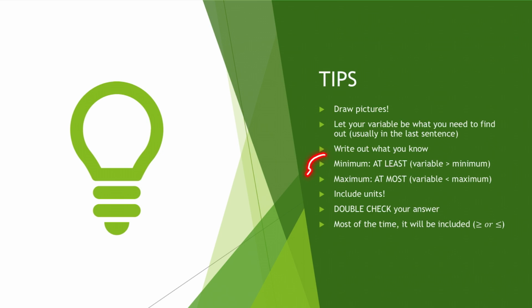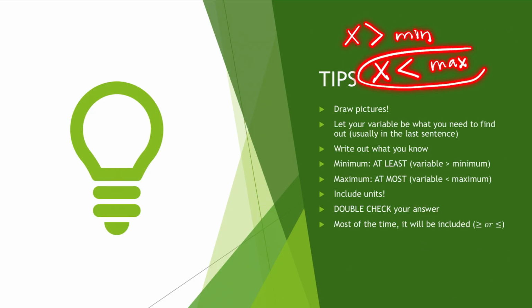These are the two biggest things, the minimum and maximum, that are really more applicable to inequality word problems. When someone says you need a minimum of this, it means that x has to be more than whatever the minimum is. Whereas a maximum means that your value has to be less than whatever your max is. So for example, let's say you have a budget of $1,000. That would be this one.